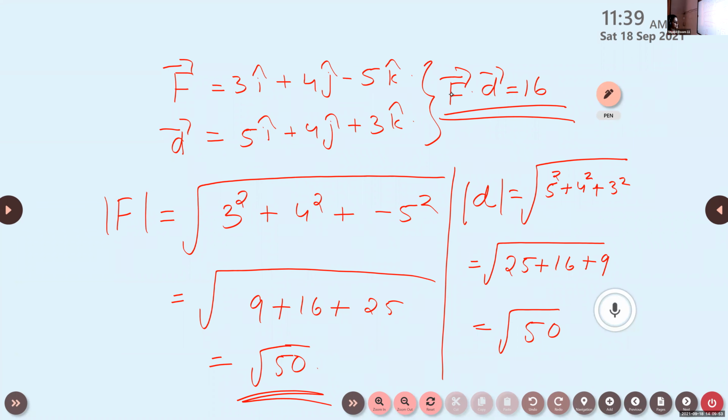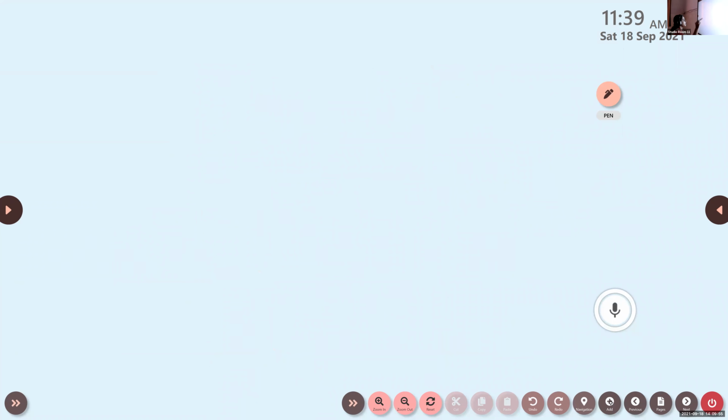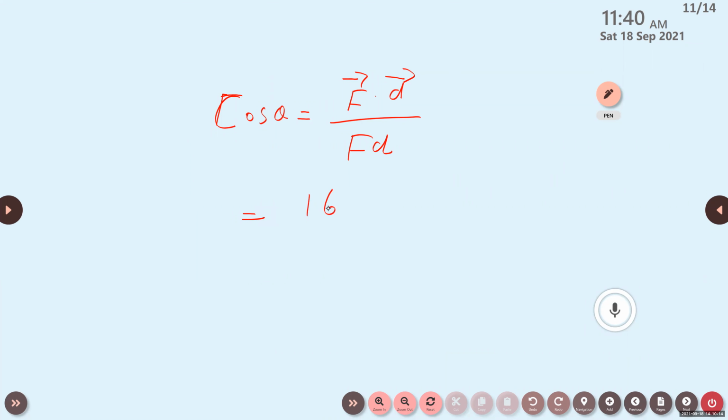Okay, now we can substitute it in the equation. Cos theta is equal to vector F dot vector D divided by FD. What is vector F dot vector D? 16. 16 divided by the magnitude of force, root 50, and the magnitude of displacement vector, also root 50.